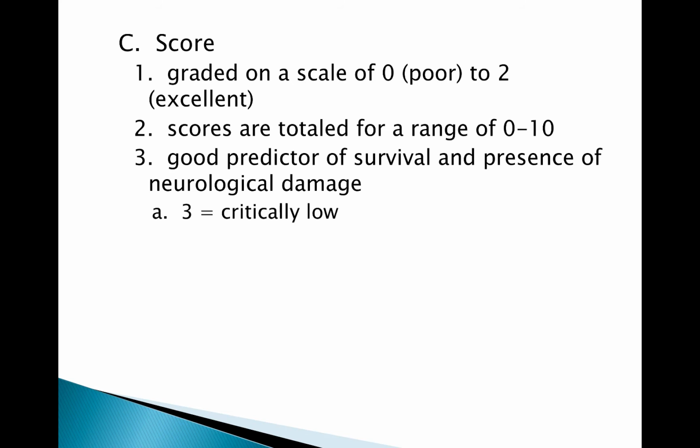Okay, so the total score of 3 is considered critically low, and at that point, medical intervention will need to take place. Score of 4 to 6 is fairly low.